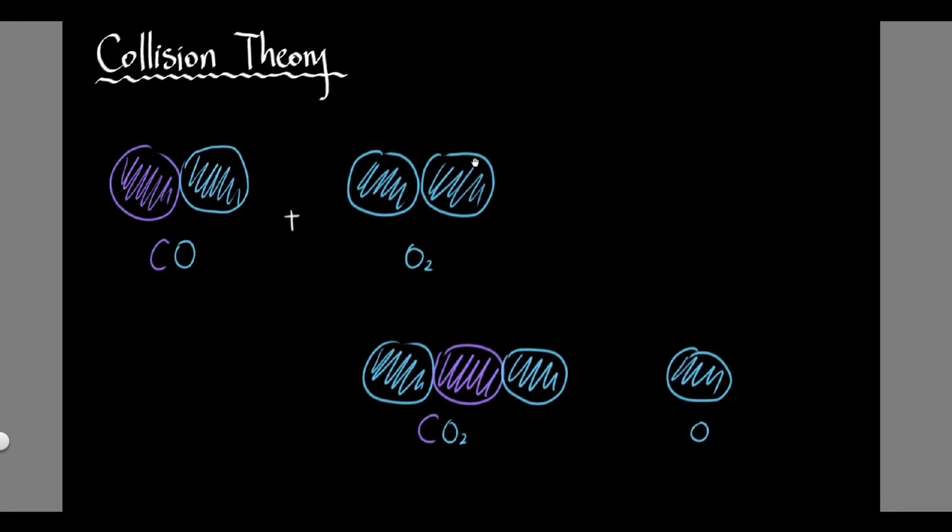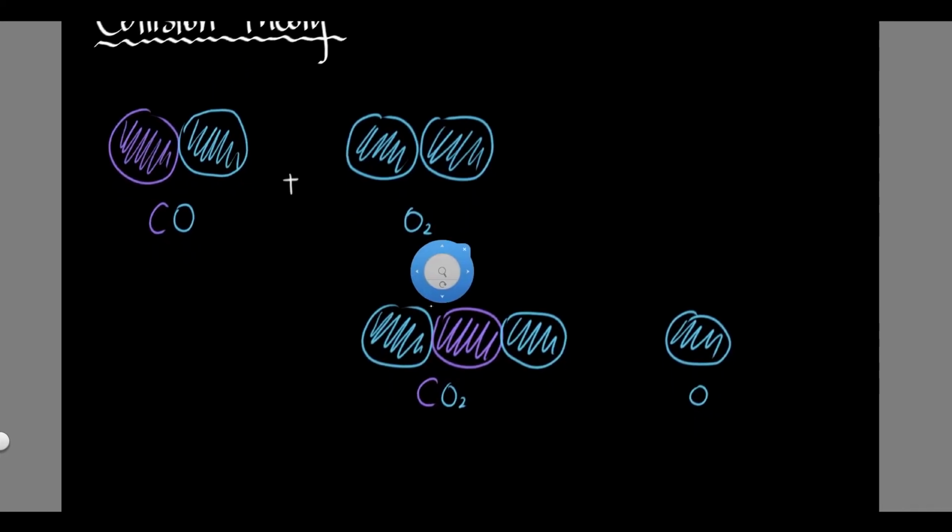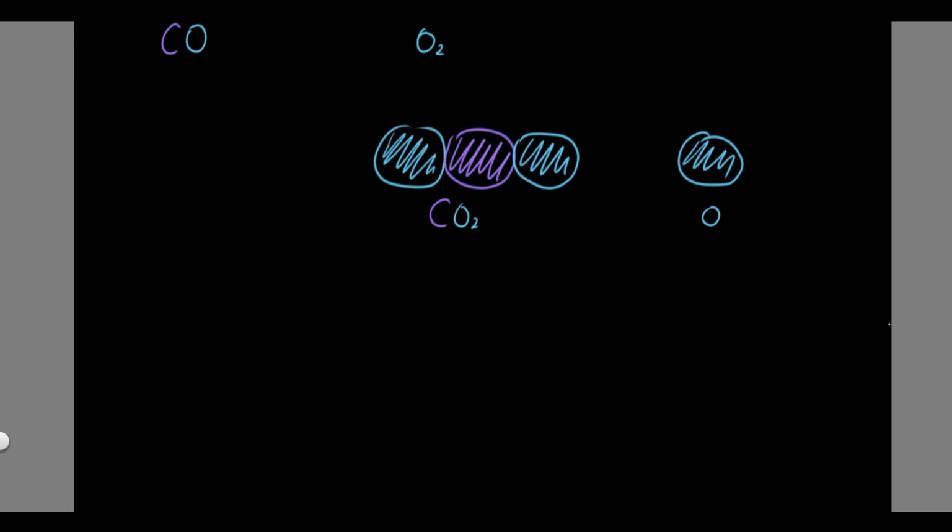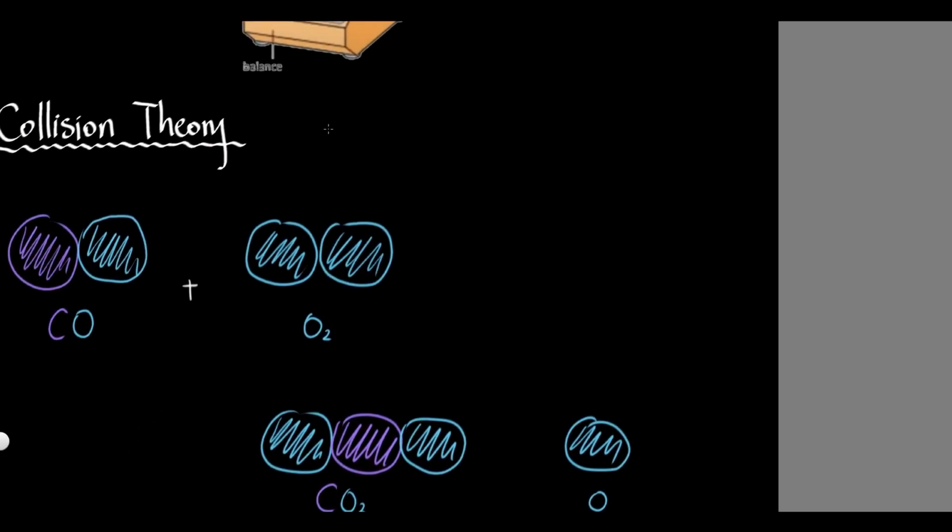Well, of course not. The core of collision theory is this, and I will write it down over here in a red color. Reactions only occur upon, and this is very important, upon successful collisions.